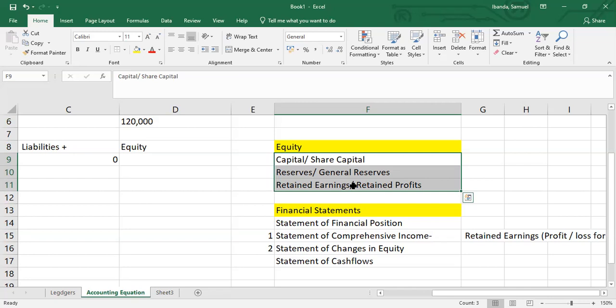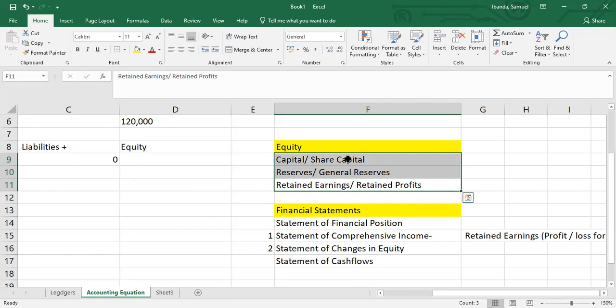You could also have retained earnings, either increasing or decreasing, depending on whether the business has made a profit or loss. So it is the statement of changes in equity that looks at each of these equity items. If you even look at the format of this, you'll realize that it has each of these as columns. We shall see how each of them looks.